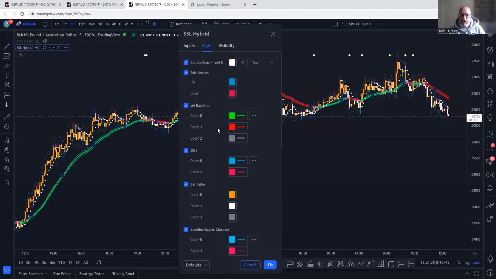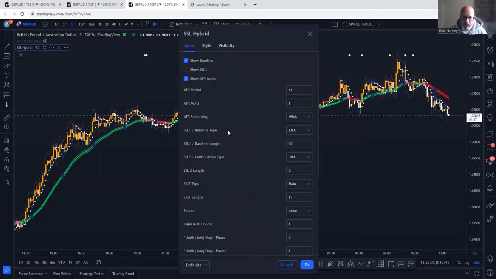So just to show you, that's how it normally comes up, and also you will need to change on the inputs tab the SSL1 baseline, which I think is HMA initially when you first load it. So you need to just click on the drop down, choose EMA, and the baseline length is normally at 60. Just change that to 30.